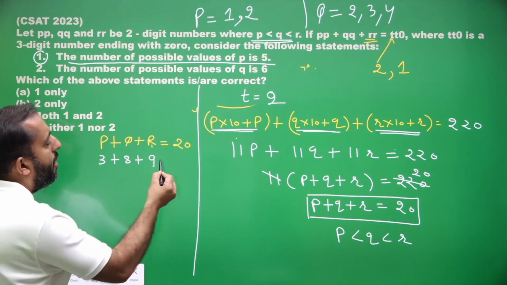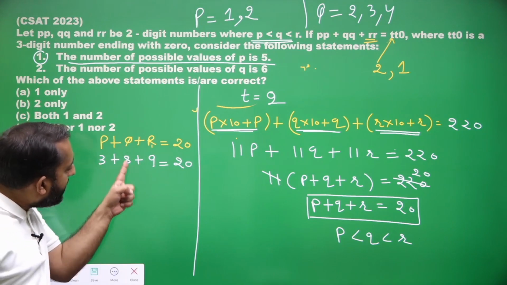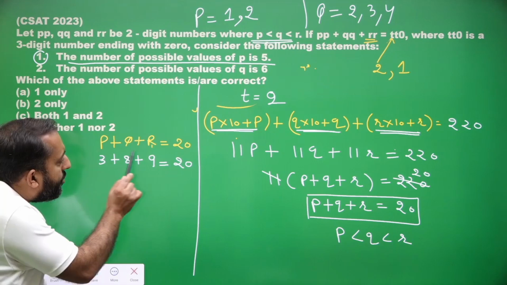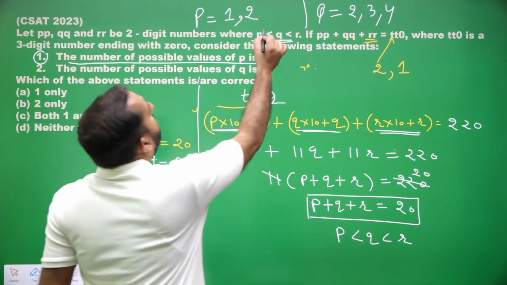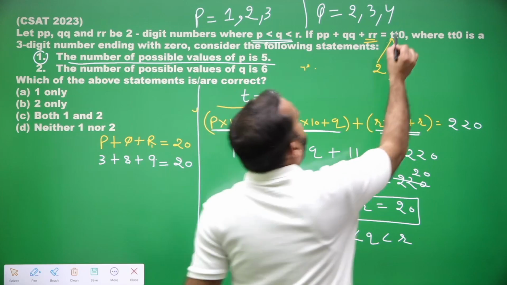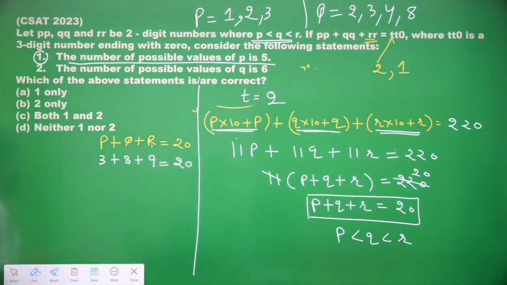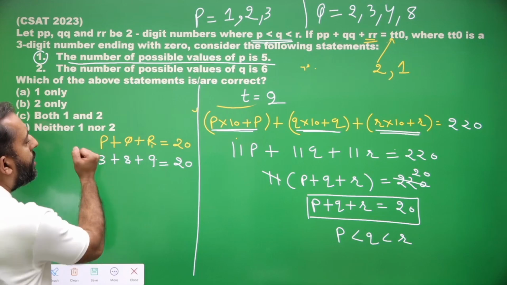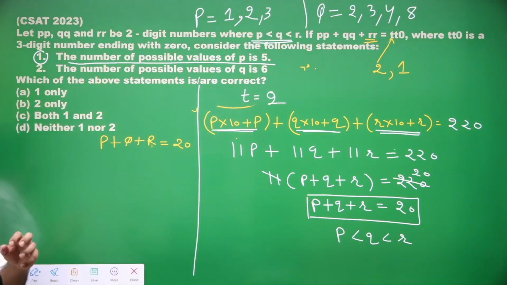Will I be getting 20 here? Yes. At the same time, 8 is more than 3, 9 is more than 8, and the condition is justified, which means P can take 3 as a value, and Q can take 8 as a value for sure. So all the possibilities with 3 are exhausted now.